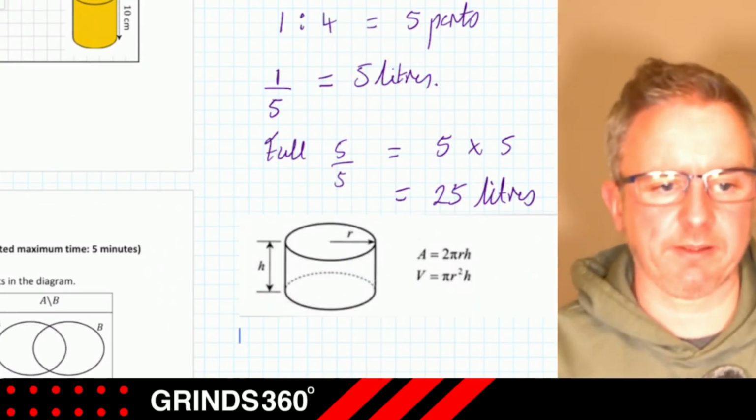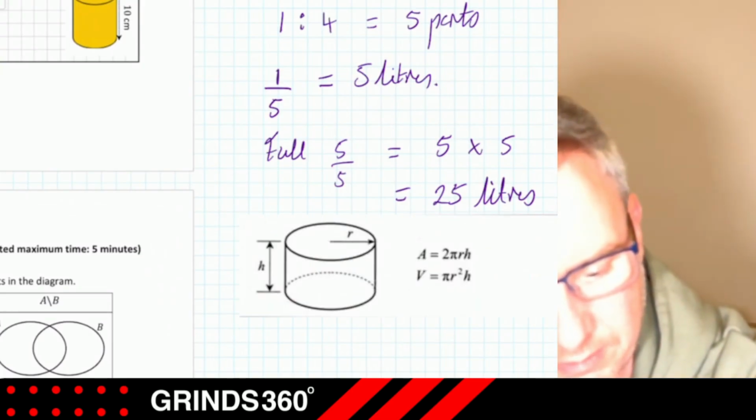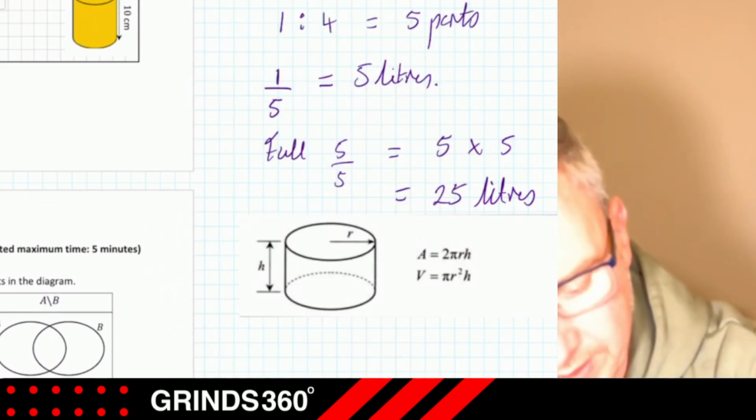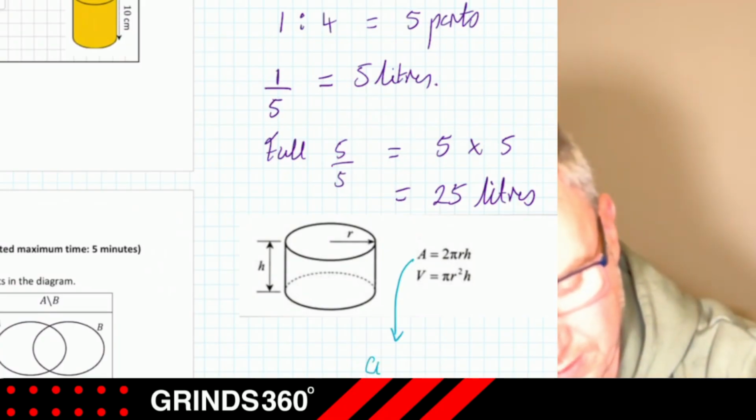So when we look at the 3D shapes, all right, a couple of things on this that I've noticed over the years with students, they sometimes forget what's actually happening here. When they talk about A here, that area, that's the curved surface area.